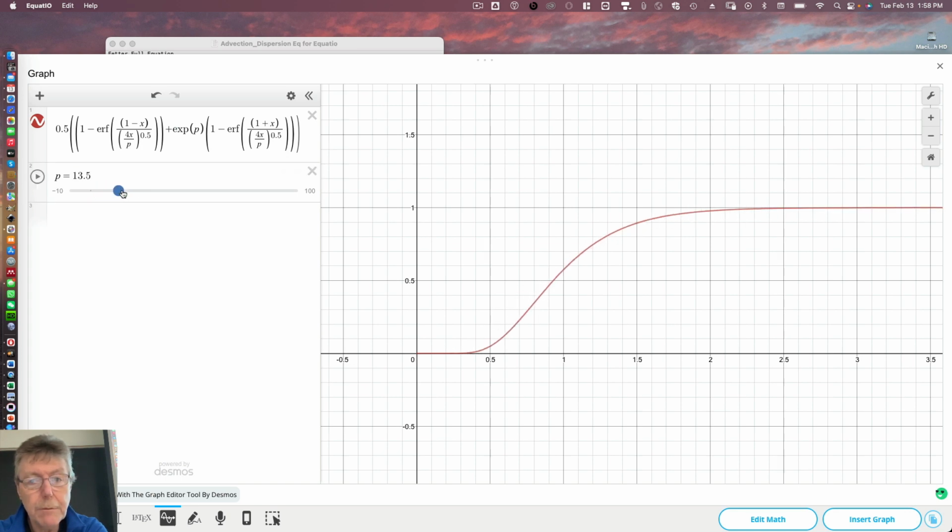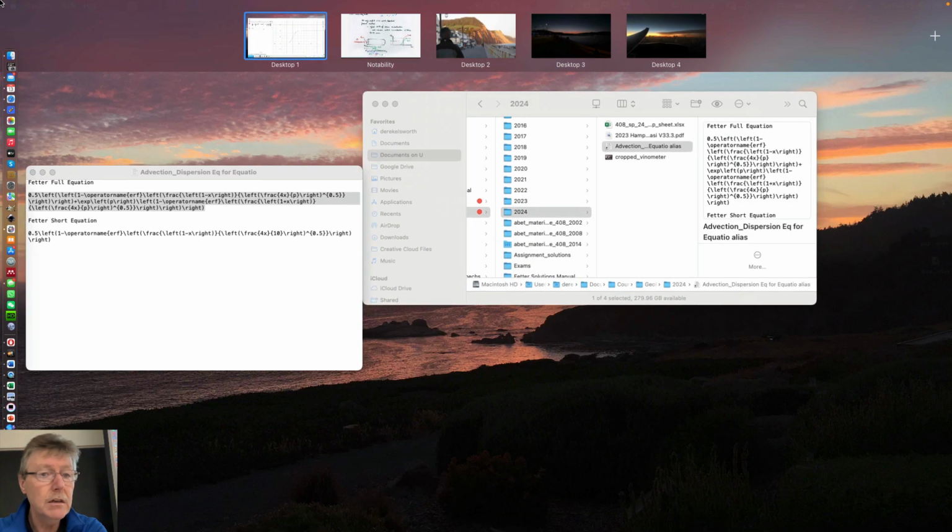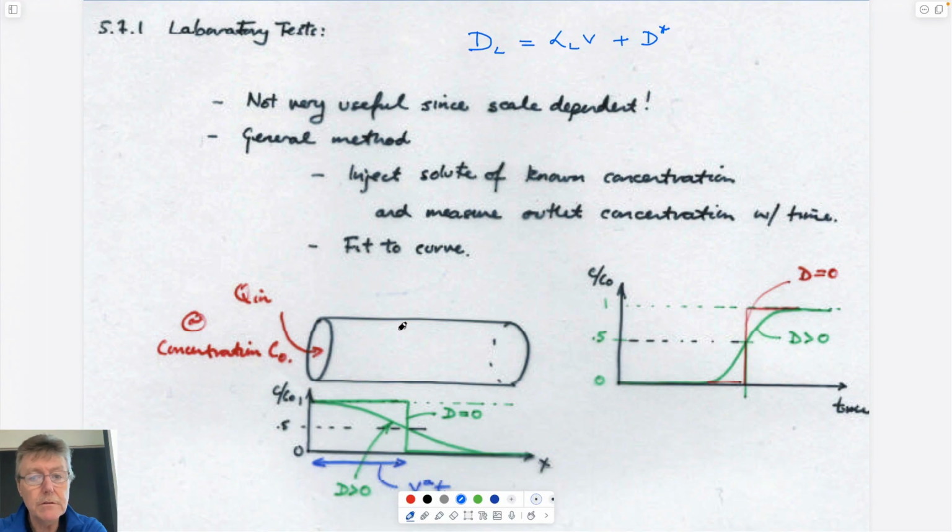So you know that the shape of this curve is unique as a response to that Peclet number. And so presumably, if you fit the curve to that and you know what the velocity is that you're supplying, you have enough information. If you know the velocity you're supplying, you know the length at which you're measuring it, you know the Peclet number for fitting with this curve, because you know this. The only unknown is d sub L. And so you merely do some curve fitting to be able to do this.